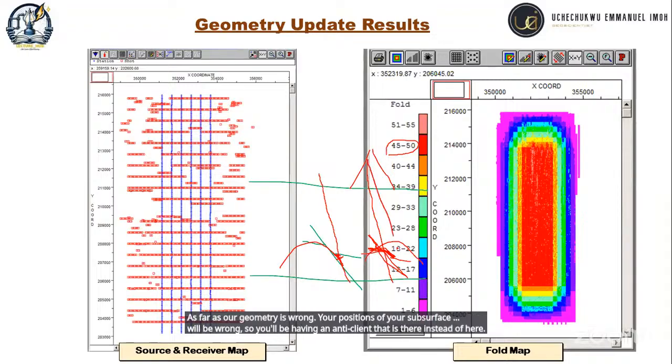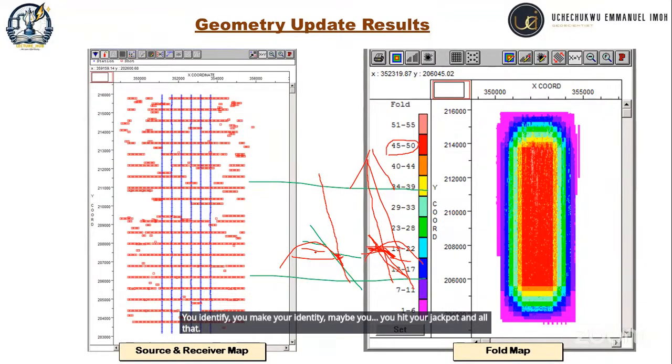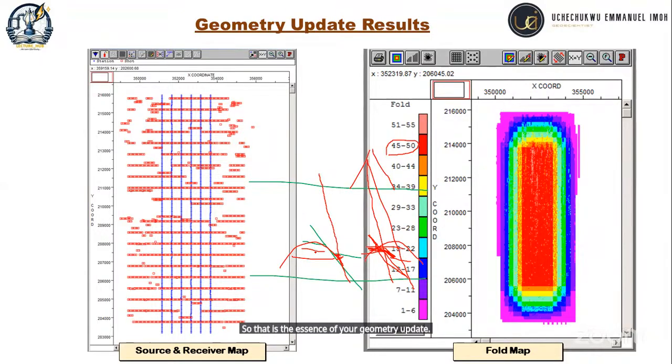So you go and drill a well here, and then you come out with a dry hole. Well, when you drill in the proper position of the structures, maybe you hit your jackpot and all that. So that is the essence of your geometry update. It is the first step and it must be correct. No room for error.